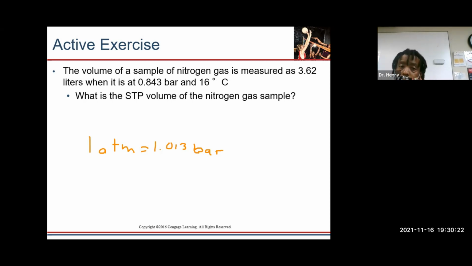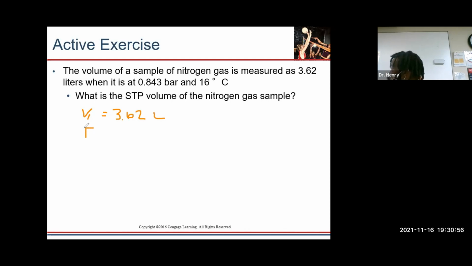So we have volume. So obviously we're going to have a V1, like you said. Okay, our V1 is what? And that's liters.